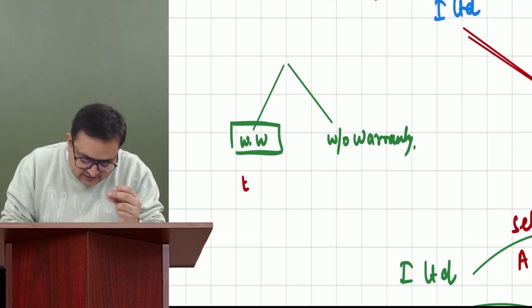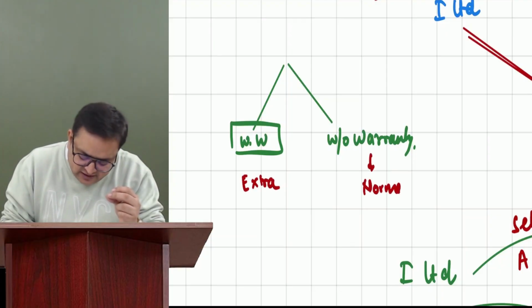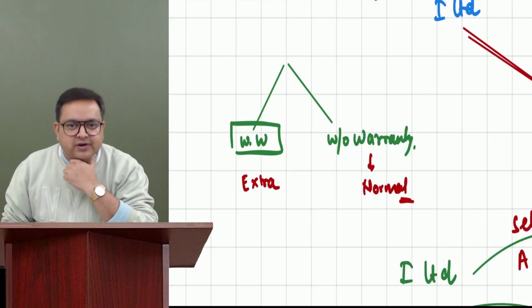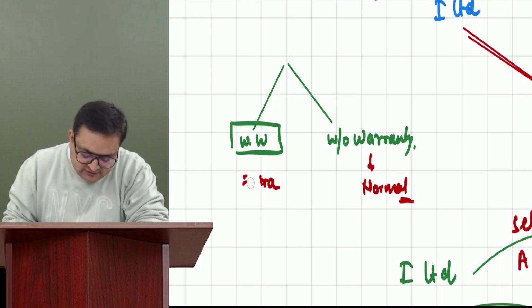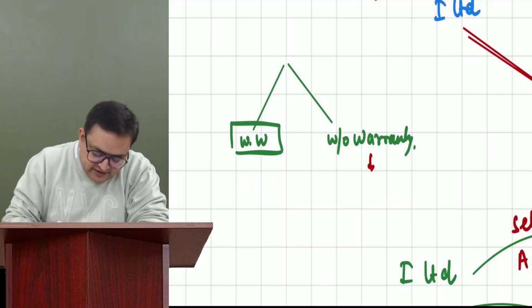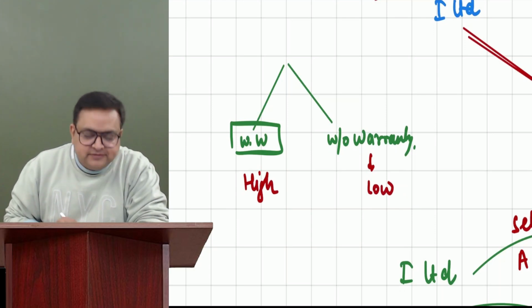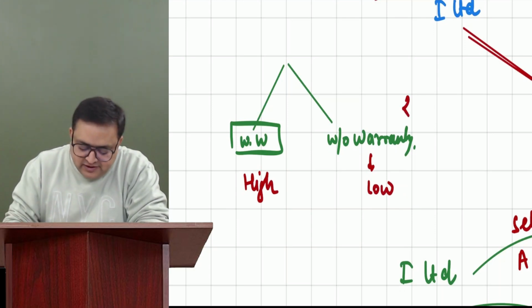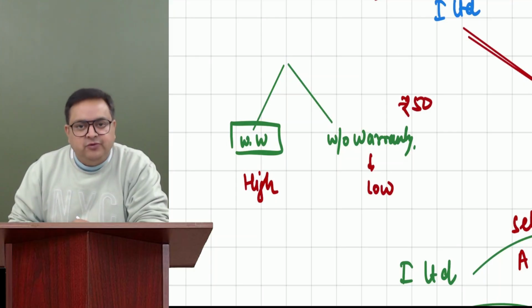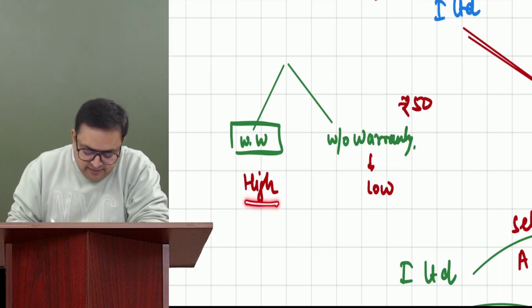But here we will take the normal price without that extra amount for warranty. So with warranty it would be a little higher price, and this would be a little lower price. Let's say, for example, the warranty amount is 50 rupees. So this would be high by 50 and this would be less by 50.